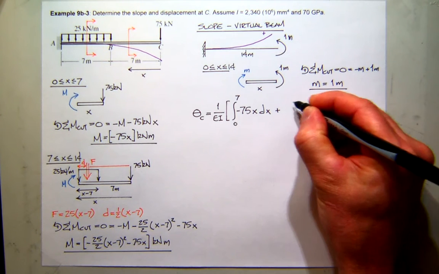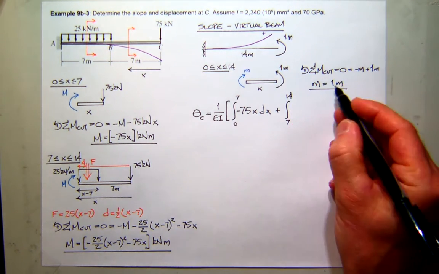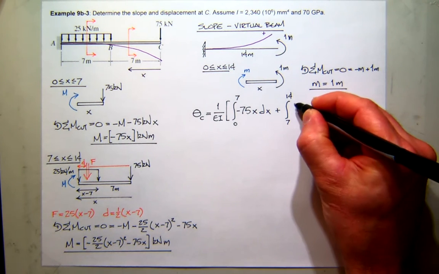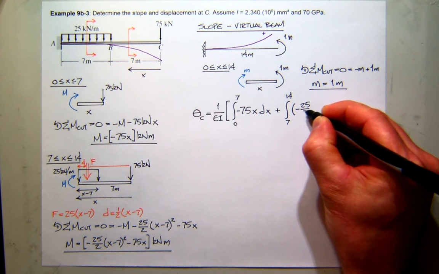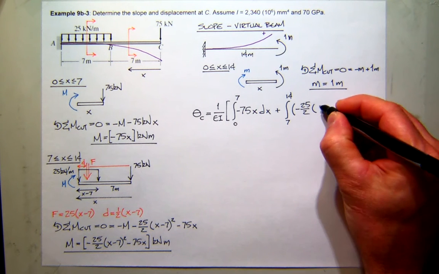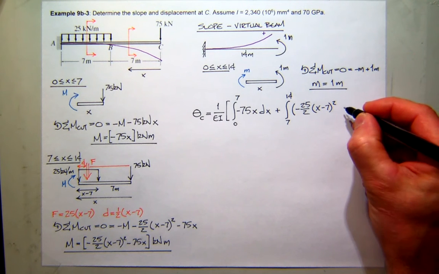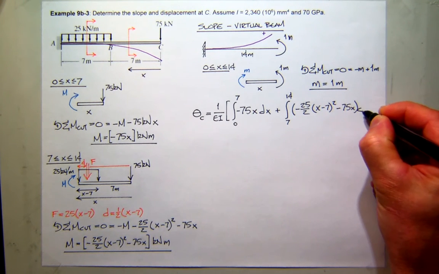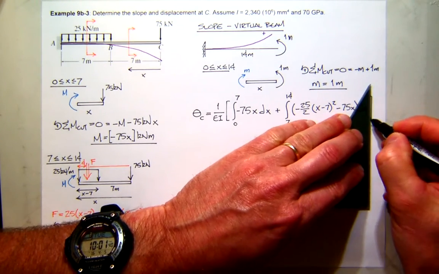And then plus the integral from 7 to 14 of the real moment times the virtual moment, which is minus 25 over 2 x minus 7 squared minus 75x dx, and then we'll close up our bracket.